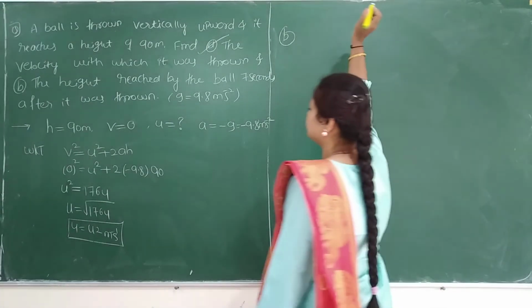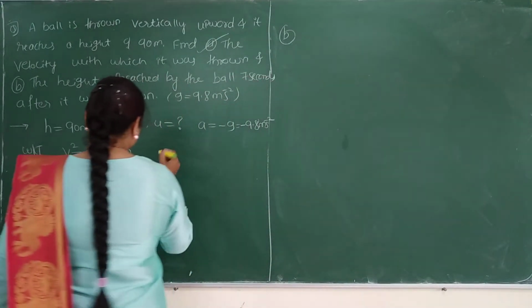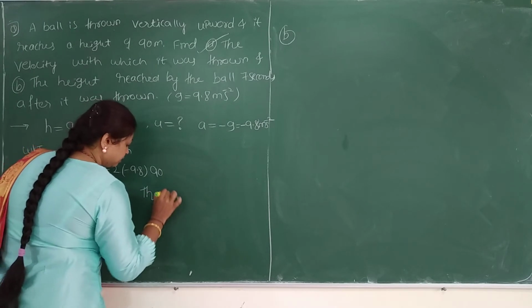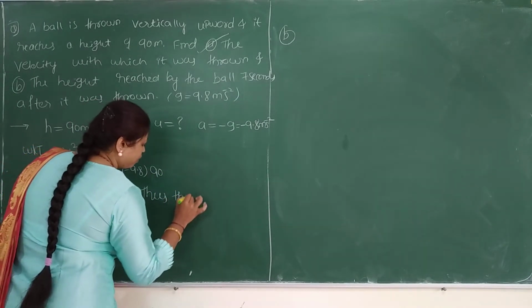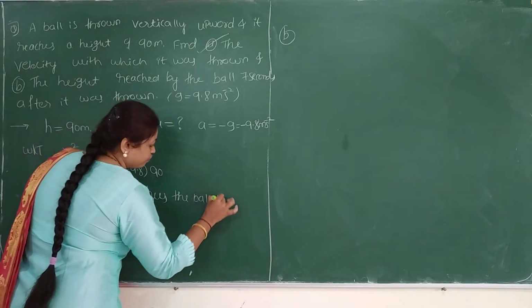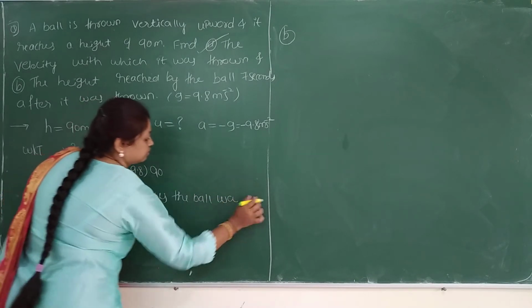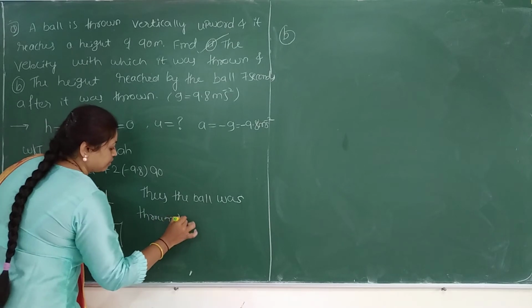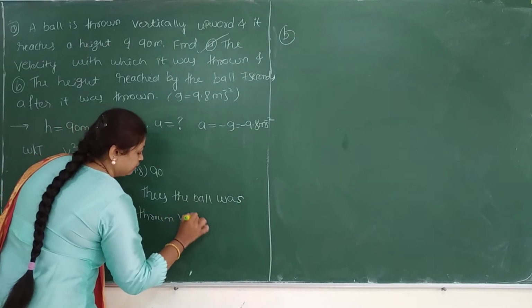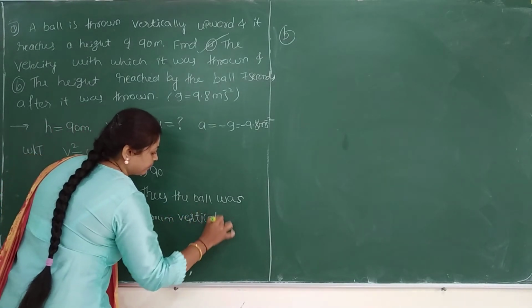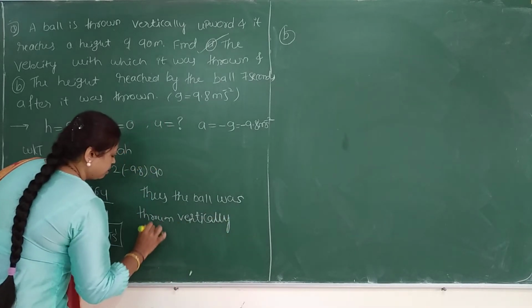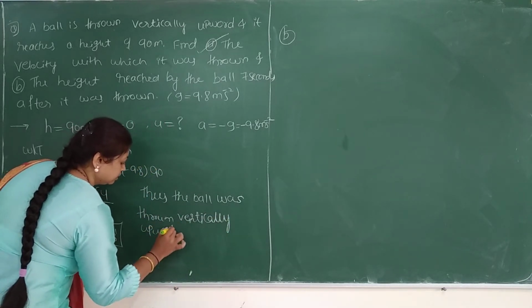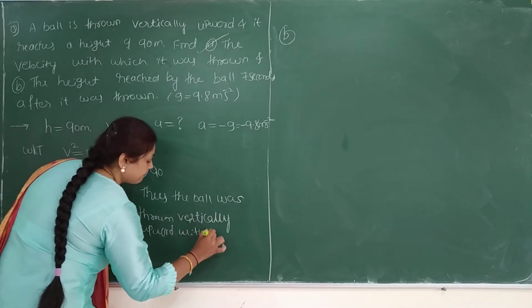So just write here. Before that, the ball was thrown vertically upward with the velocity, how much?